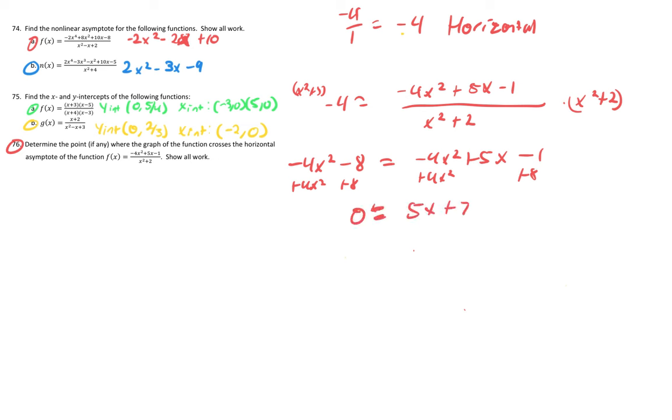Now we can solve for x, being -7 divided by 5 is equal to x. And that is the only place that it crosses the horizontal asymptote. So the ordered pair would be -7/5, comma, -4.